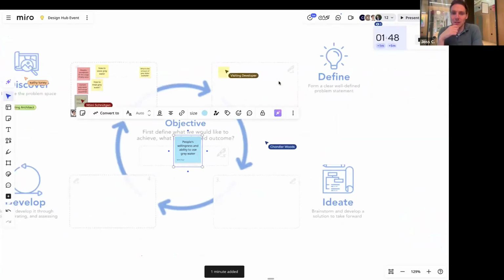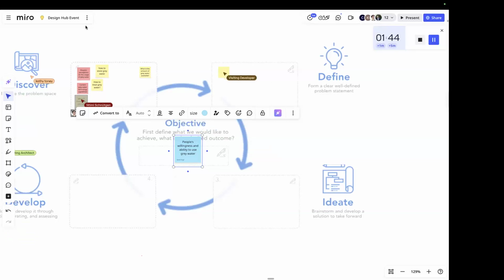People's willingness and ability to use grey water. So domestic household water, like sink water. In our country's case, people are very much willing to use grey water in car washing, for example, or toilet sanitation.